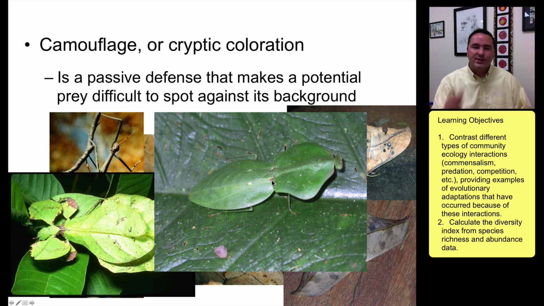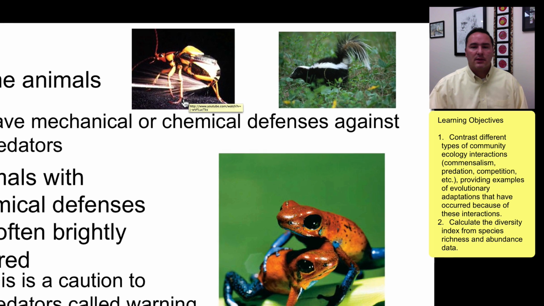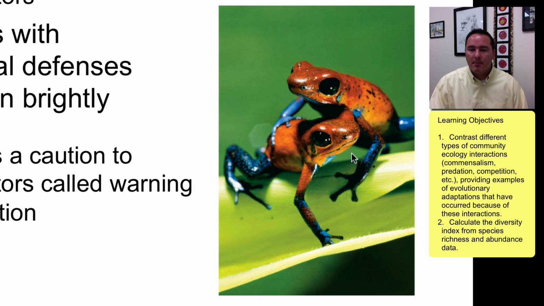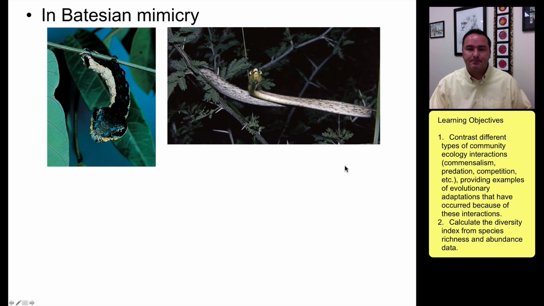If you turn this over, it looks just like a praying mantis from your garden here in North America. Some animals also have chemical defenses, like the plants, like this bombardier beetle or skunks. And some animals also use chemical defenses as poisons, and then they need to let everyone know, I'm poisonous. So a lot of times these are animals that are brightly colored, like these poison dart frogs.